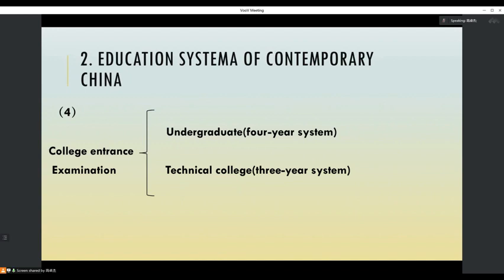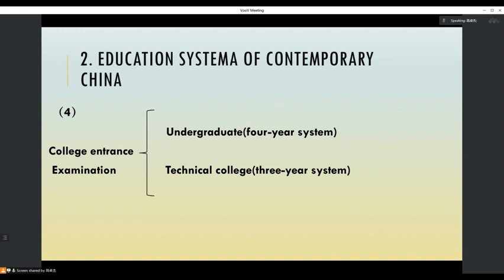If you graduate from the high school, you can take the famous examination in China, the college entrance examination, 高考. According to the scores you got in the examination, you can go to different colleges or universities.